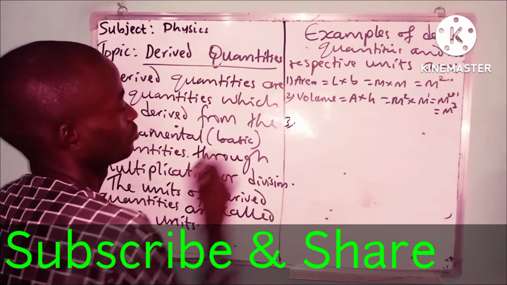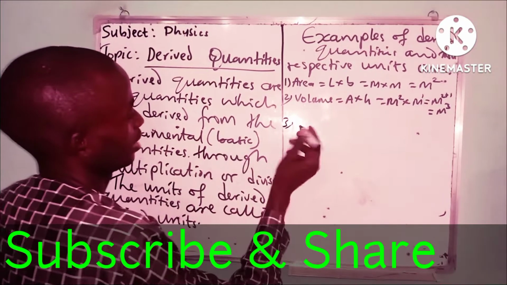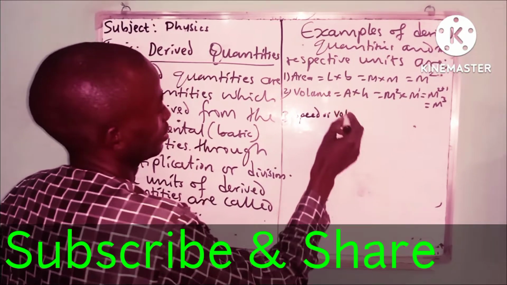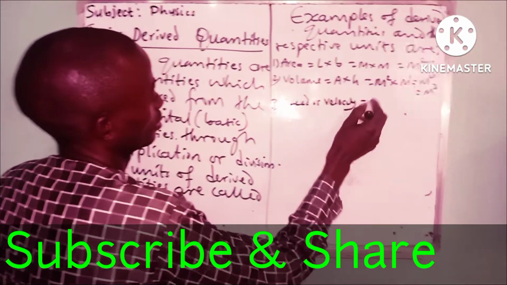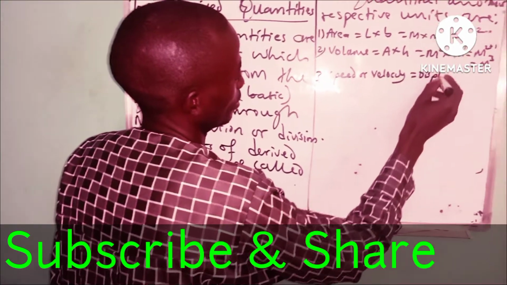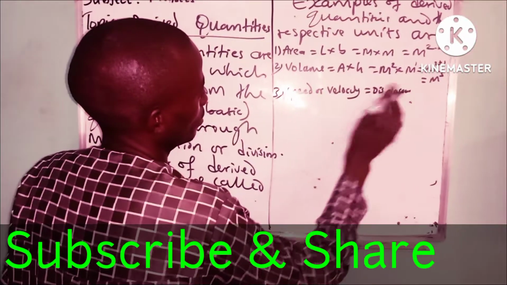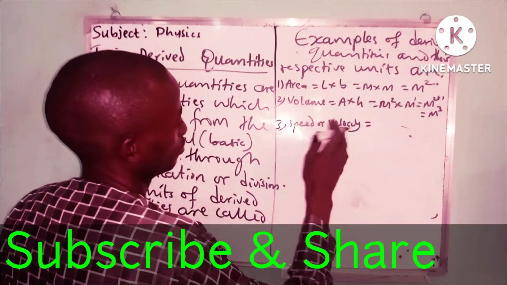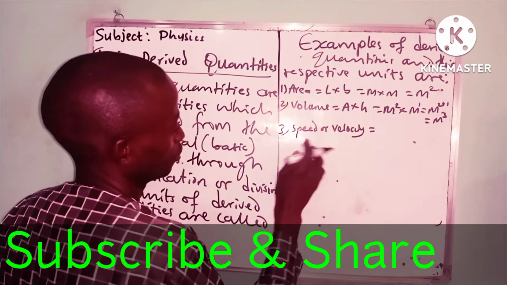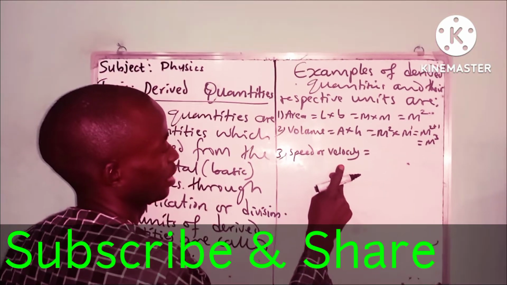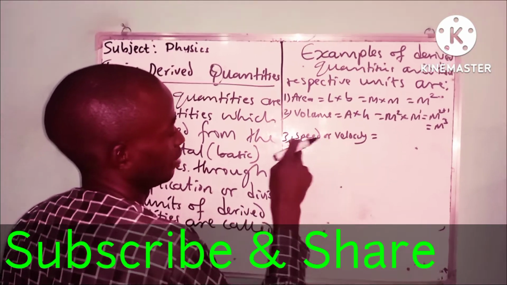When you go further to other examples like speed or velocity, speed, of course, we know is a derived quantity, while velocity is also a derived quantity.